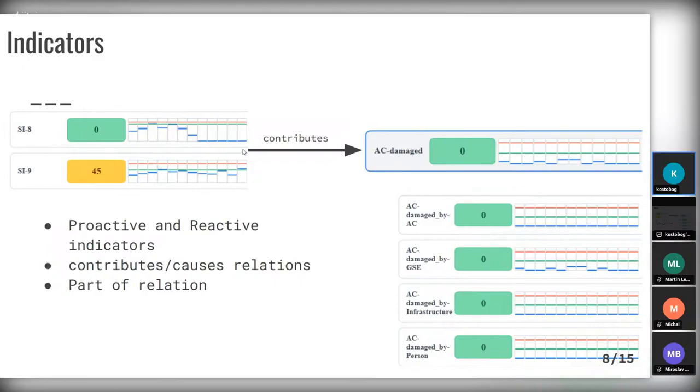So basically, this contributes relationship is separating indicators into proactive and reactive. The reactive indicators are for when the incident occurs, and then there is something that causes it, which is the proactive indicator.